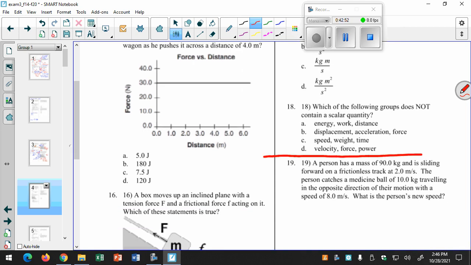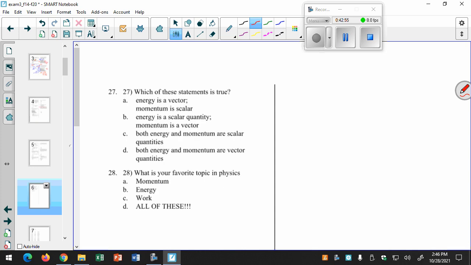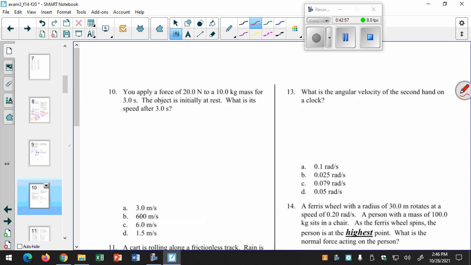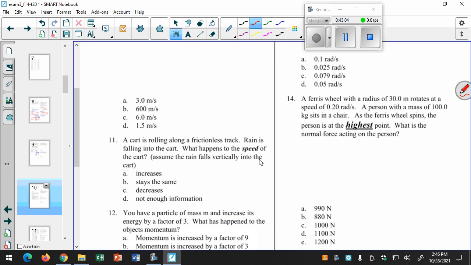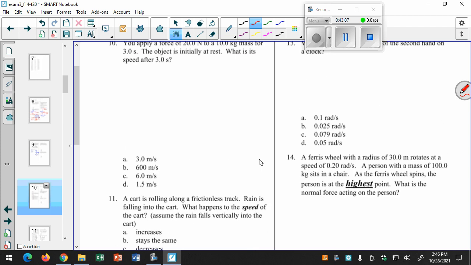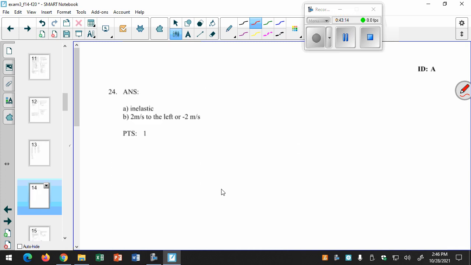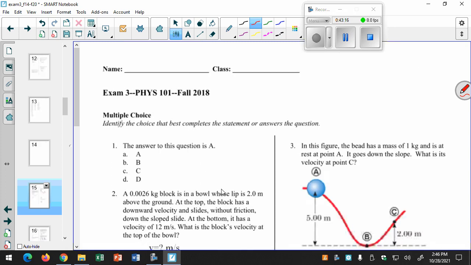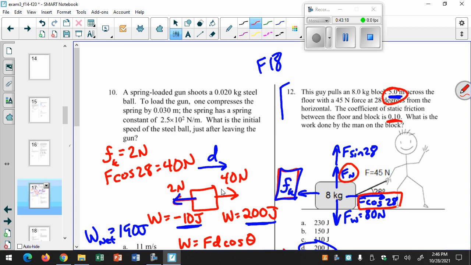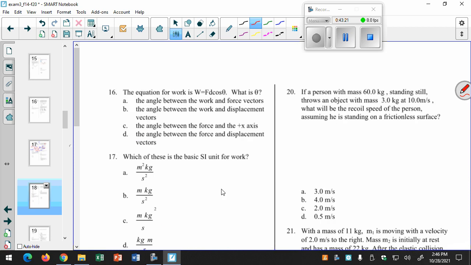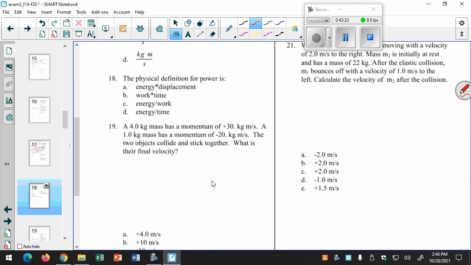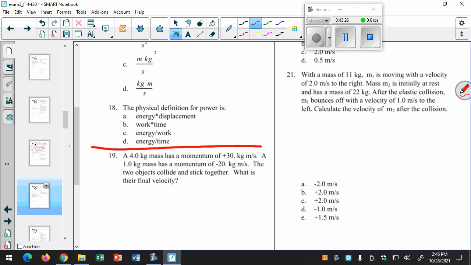For fall 19, we're up through number 10. For fall 18, up through number 18.